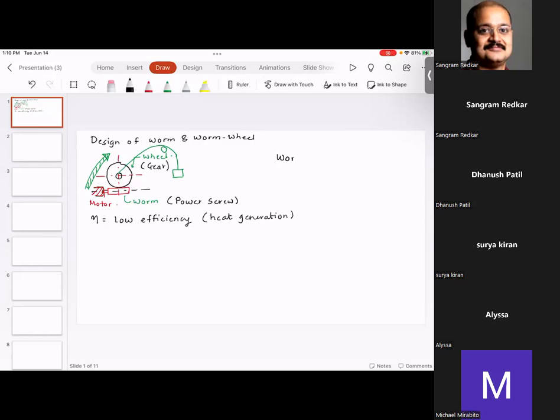So what are the different types of worms? If you look at the worm, there is something called the cylindrical worm, and then you have a conical worm.